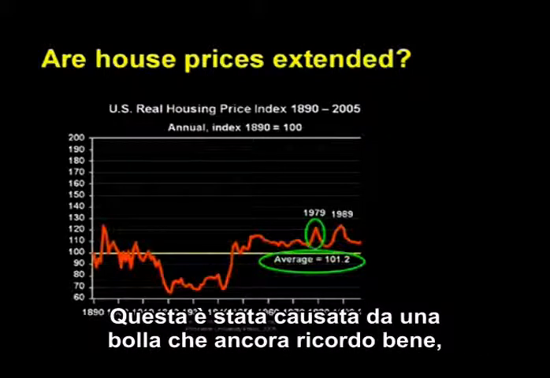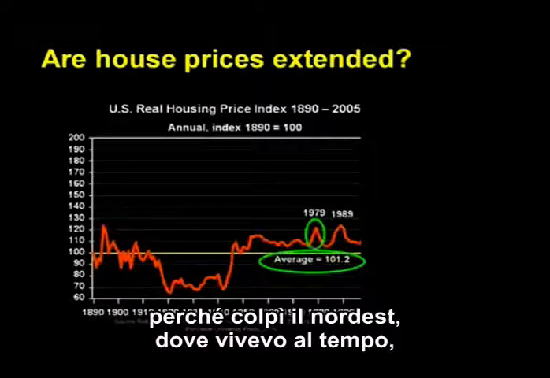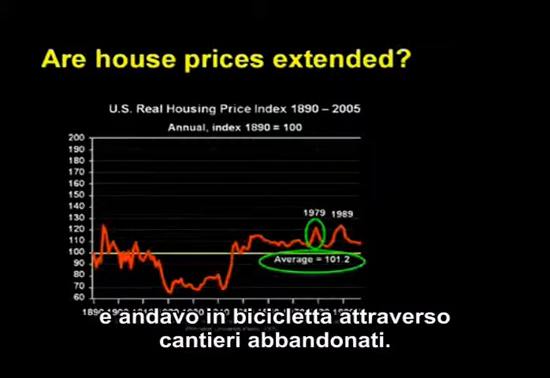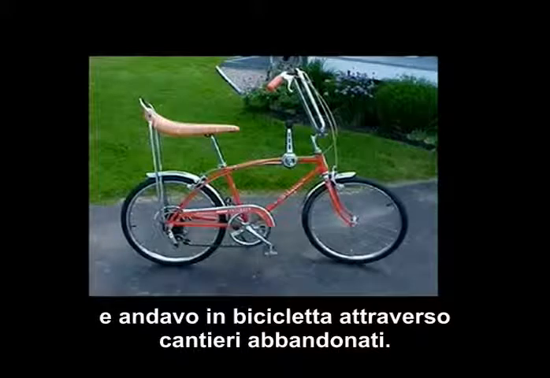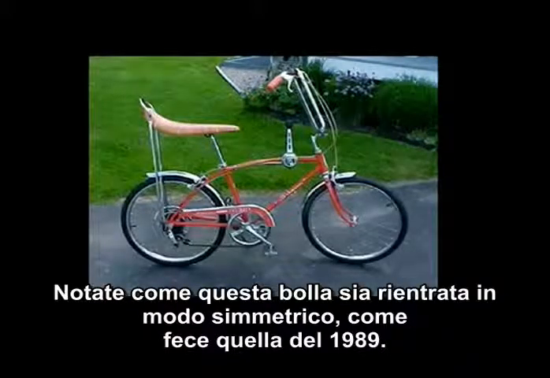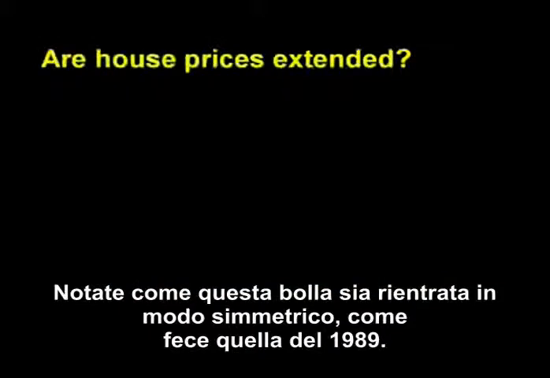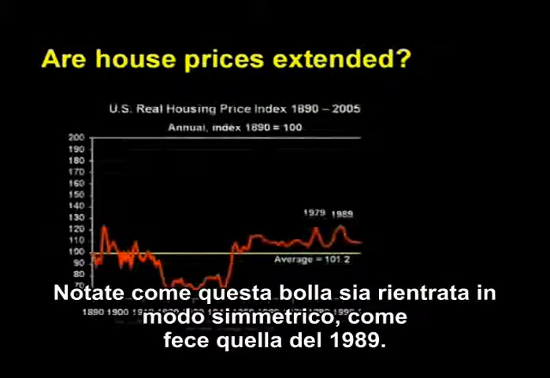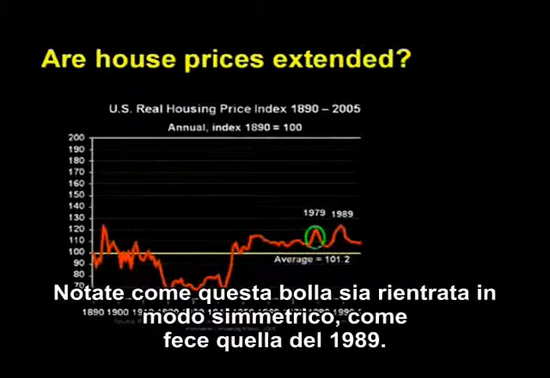That was a property bubble that I still remember clearly because it impacted the Northeast where I lived at the time, and I got to ride my bike through abandoned construction projects, which was great fun. Notice that this property bubble returned to baseline in a fairly symmetrical fashion, as did the property bubble of 1989.